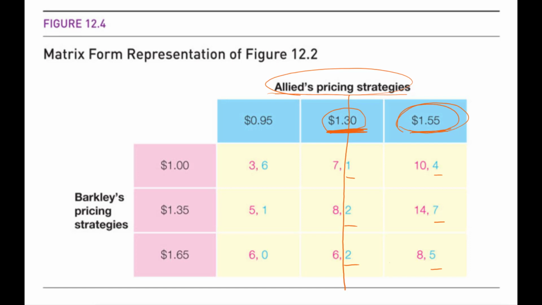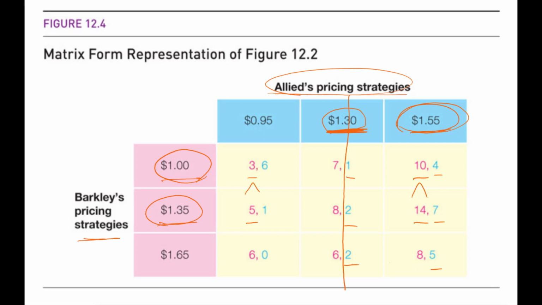So let's look at Barkley here. Now pricing $1 generate 3 and 10, while another strategy $1.35 generate 5 and 14. So in this reduced game, then you can tell pricing $1 is dominated by another strategy $1.35.